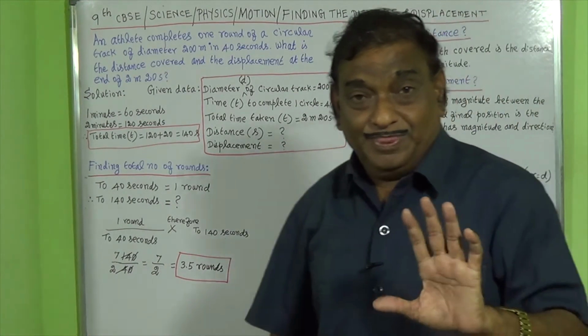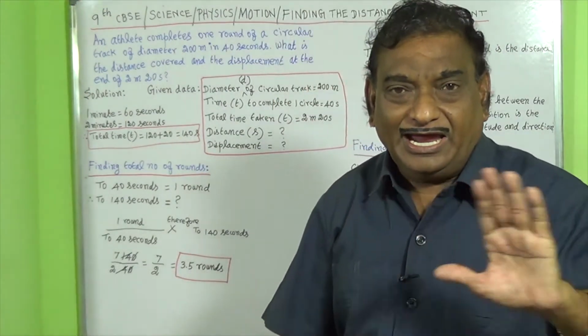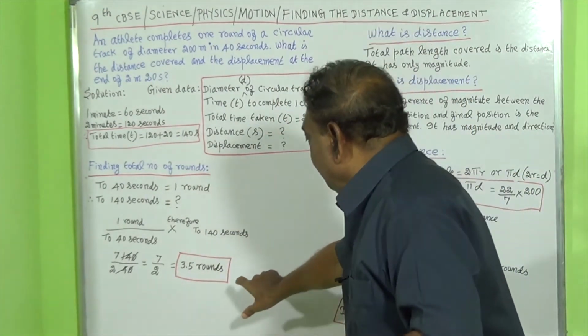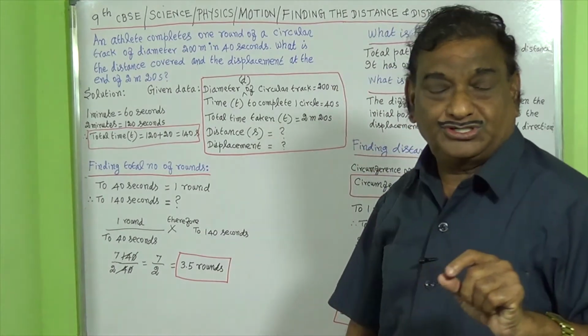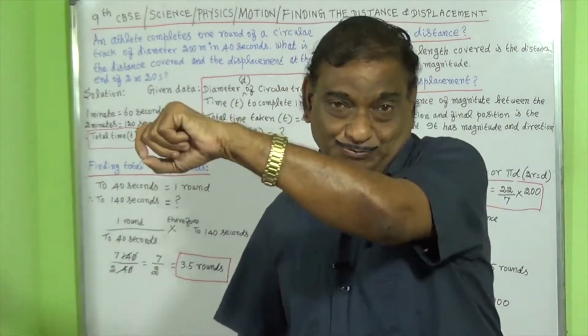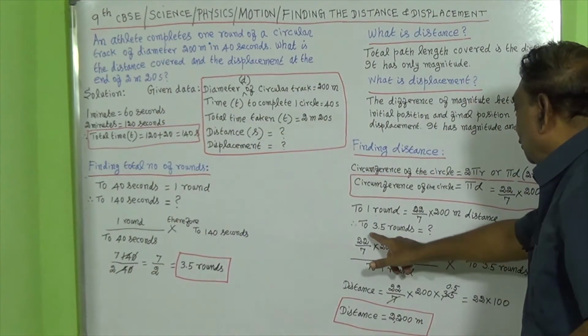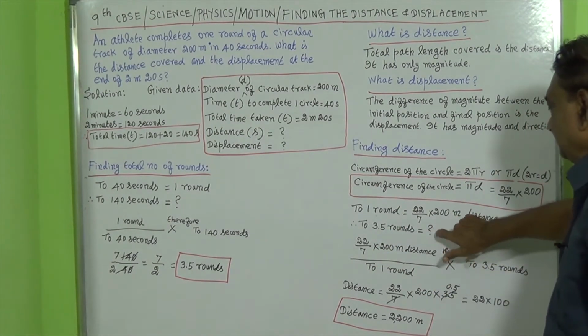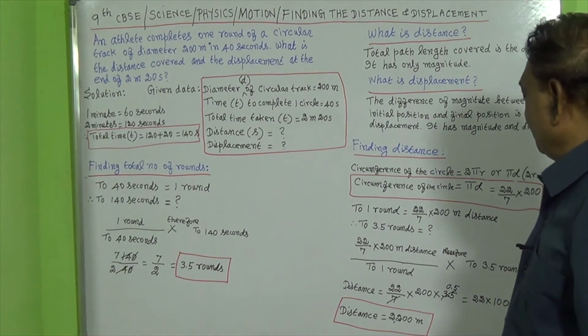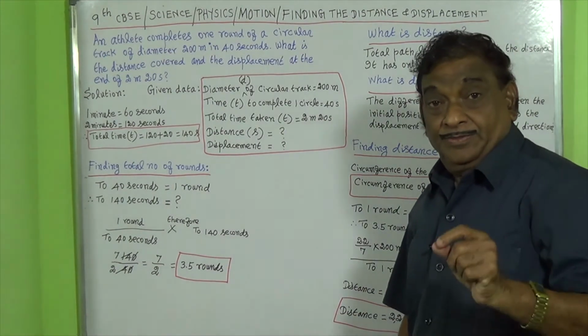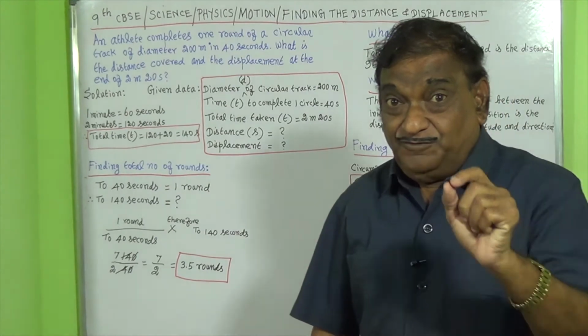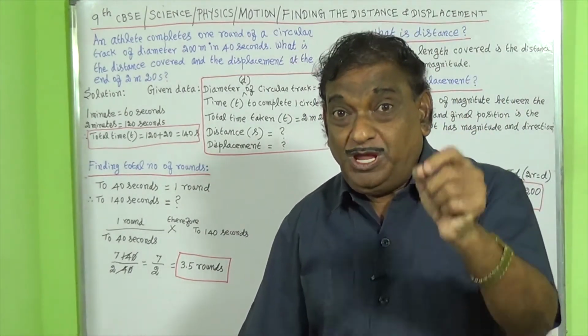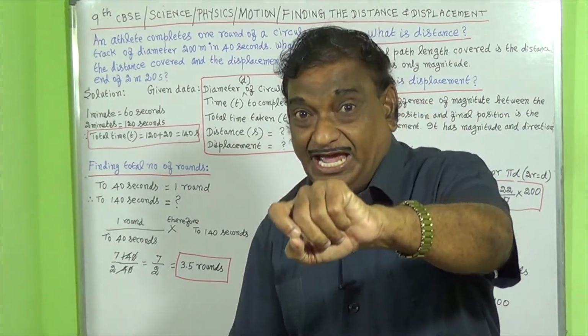In the sum, we have not calculated the round as 1. We have calculated the rounds as 3.5. So that to 3.5 rounds, what will be the distance covered? The data which is to be found should be placed in the numerator.